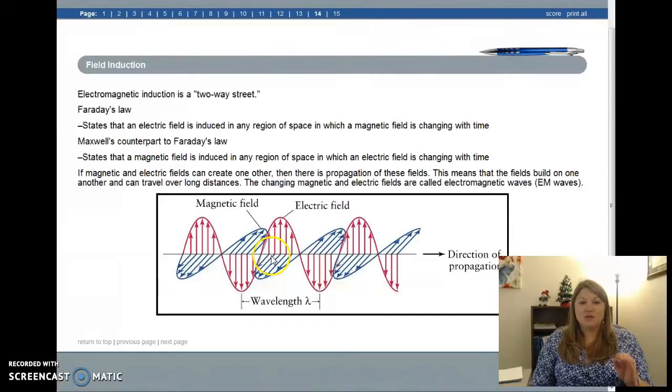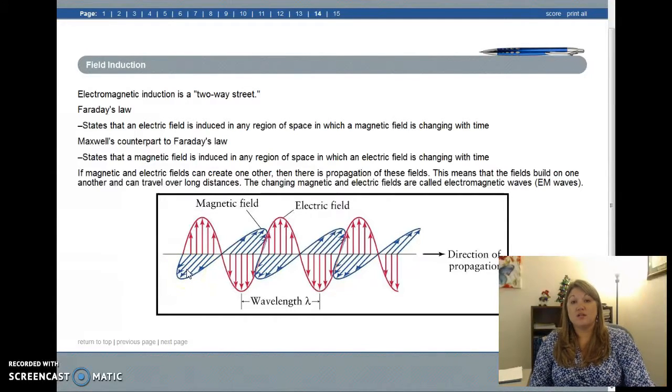James Clerk Maxwell, a brilliant theoretical physicist from Scotland, discovered this propagation, and it broke through all kinds of barriers. Any charge has an electric field, so if the charge is moving, the electric field is moving.